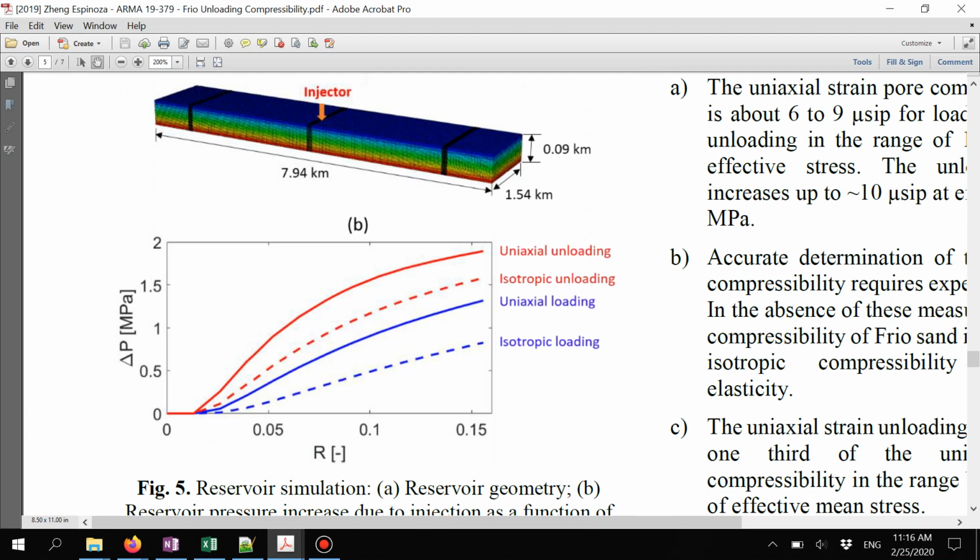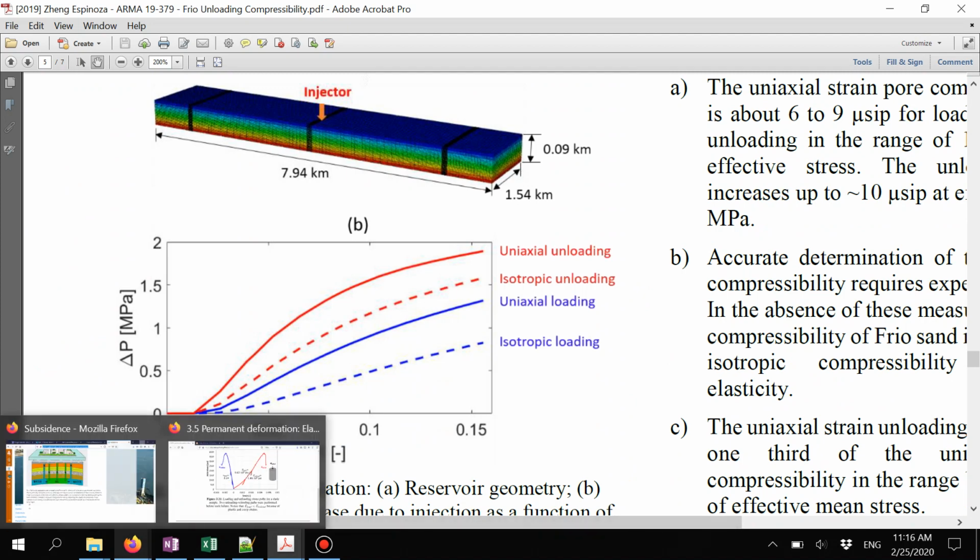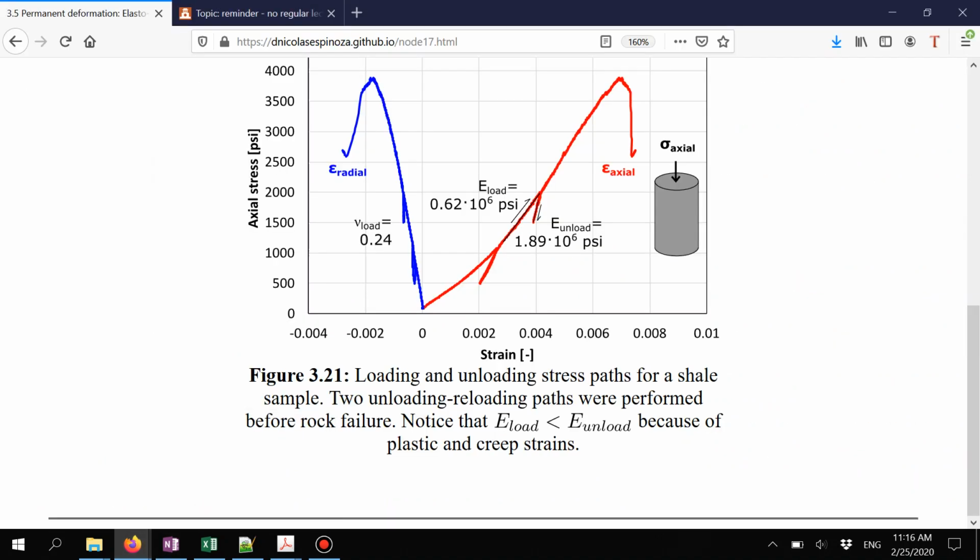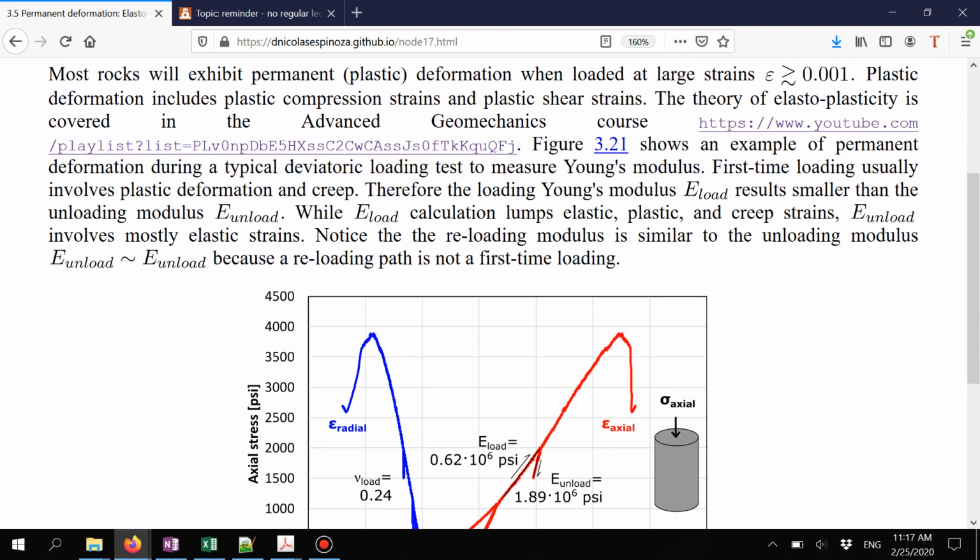Traditionally, in the oil industry, we have measured isotropic loading compressibility of rocks, and that tends to be a lot higher than the true compressibility of rock under reservoir conditions, which is uniaxial. So in this case, an incorrect calculation of this compressibility can result in quite a big difference of increases of pore pressure. And these plastic deformations are also going to be there.